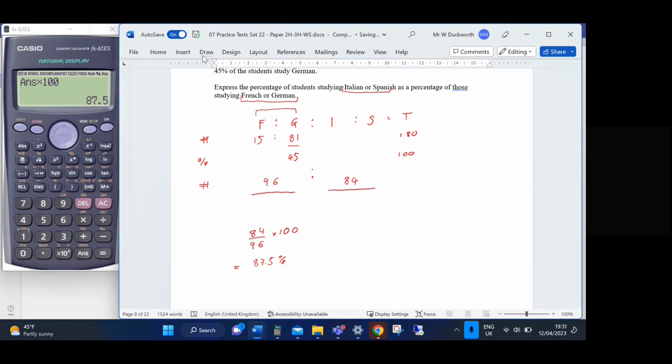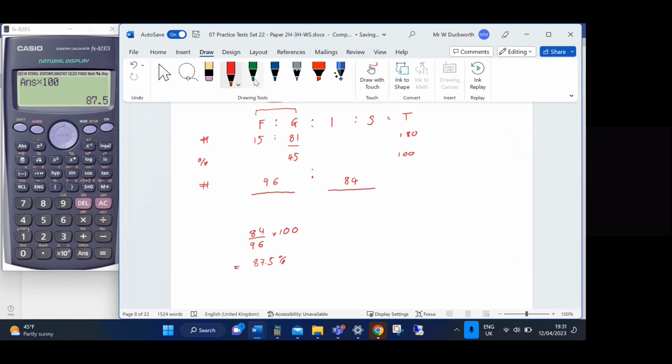Okay, so where do the marks come for that then? Let's have a look. There is an M1 for a method to find the number of students studying German or the number of students studying French as a fraction or a decimal or the total students. So I'm just going to go M1 there.